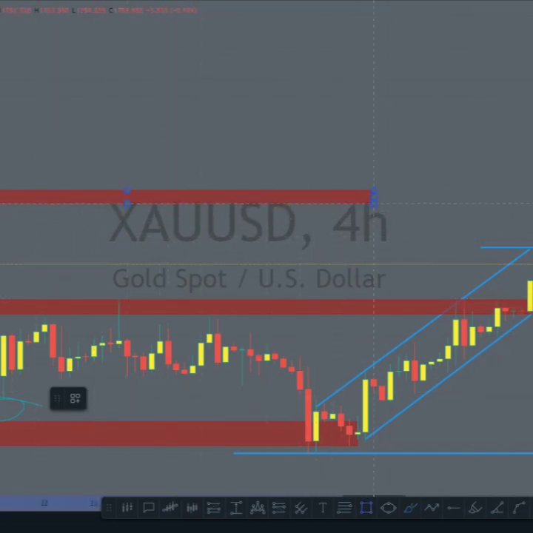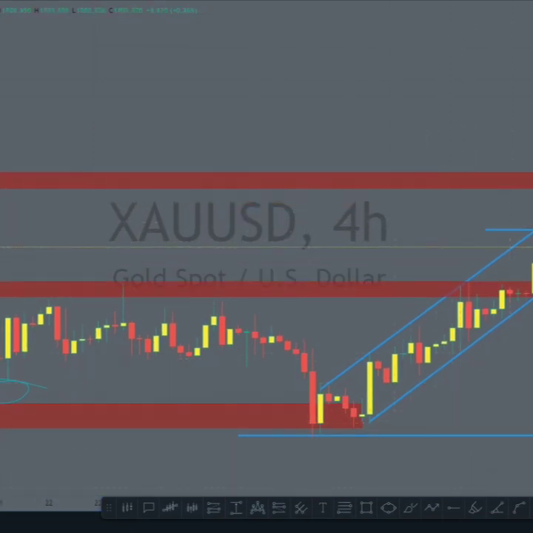So we need to check all those important levels on our 4-hour time frame, and then after that we are going to again expect gold to go up until this level, and then again we are going to take our rectangle and put it right here.